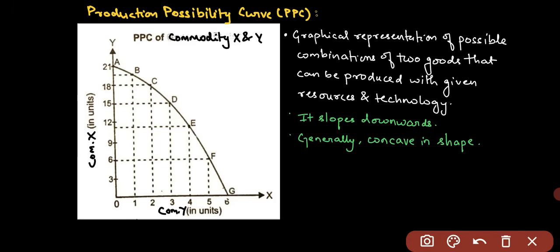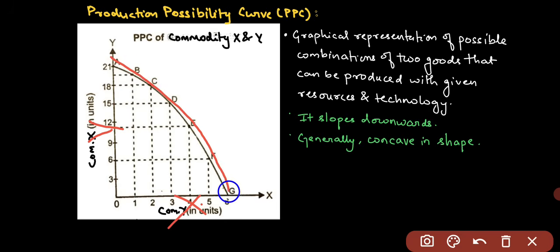Here this is commodity X, and here it is commodity Y. You see, it is commodity Y, not commodity X. You see, this production possibility curve slopes downwards, we know, and its shape is concave.